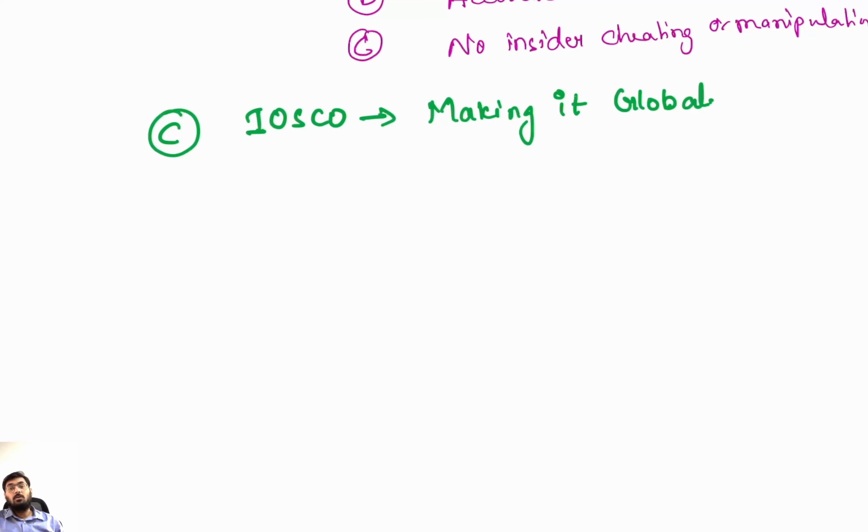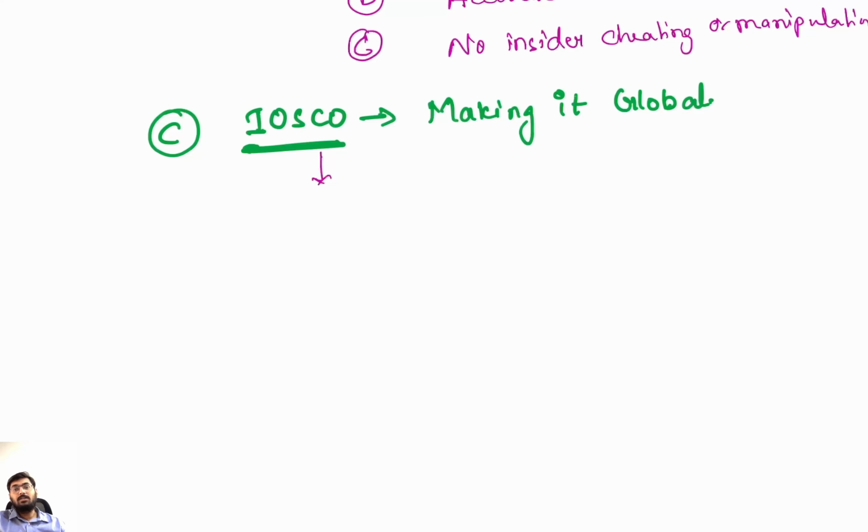What is the role of IOSCO? Clear? It's like the United Nations of regulators. Write down, it's like the United Nations of regulators.